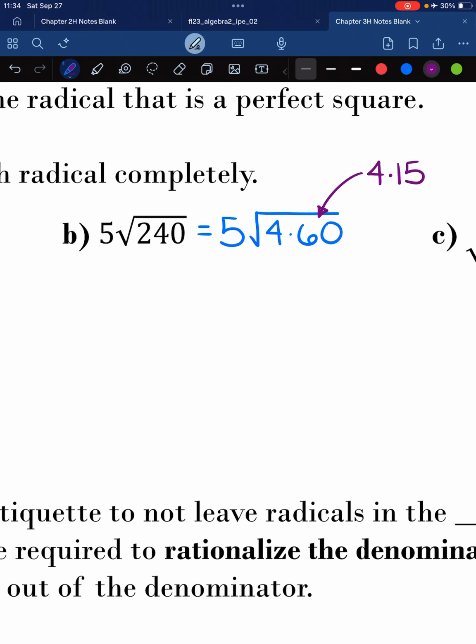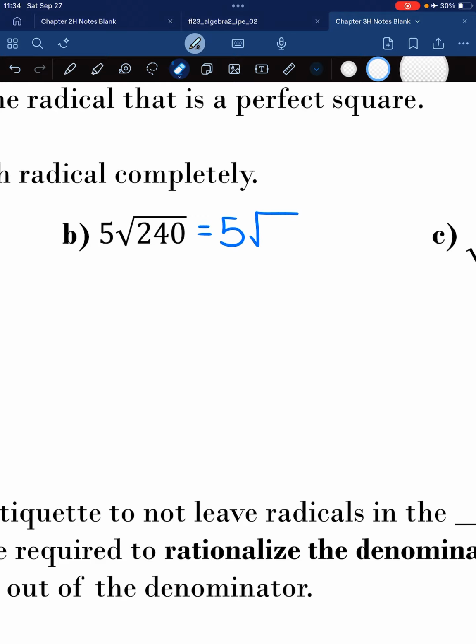And so you can take a couple steps to simplify, especially if you're not super familiar with your perfect squares. But I want to try and do this in as few steps as possible. Okay, so instead of picking 4 and 60, I'm going to go ahead and choose 16 and 15. Because 16 is the biggest perfect square that's going to go into 240.